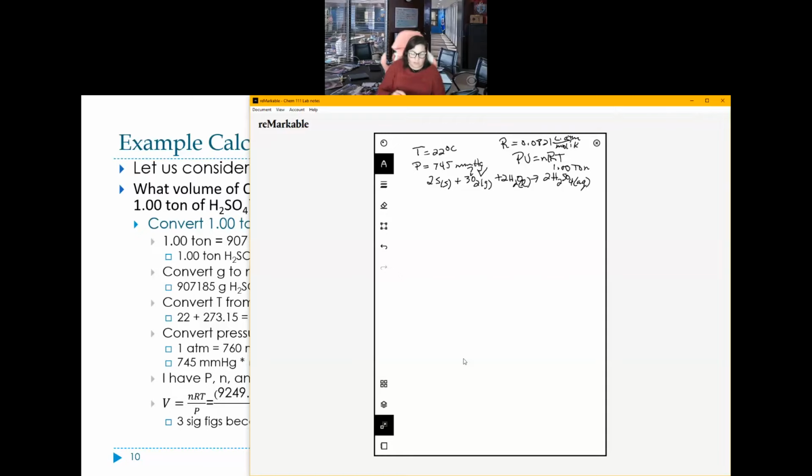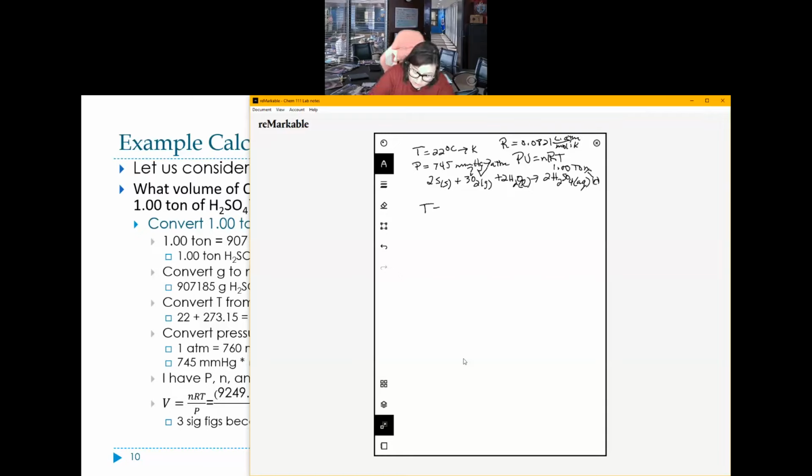And immediately I see a problem. So this is not in Kelvin, so we're going to need to convert that to Kelvin. This is not in atmospheres, because we're going to need to convert that to atmospheres. And this is not in moles. So I'm going to need to convert that to n. Let's start with the easier things. So I'm going to start with the easiest.